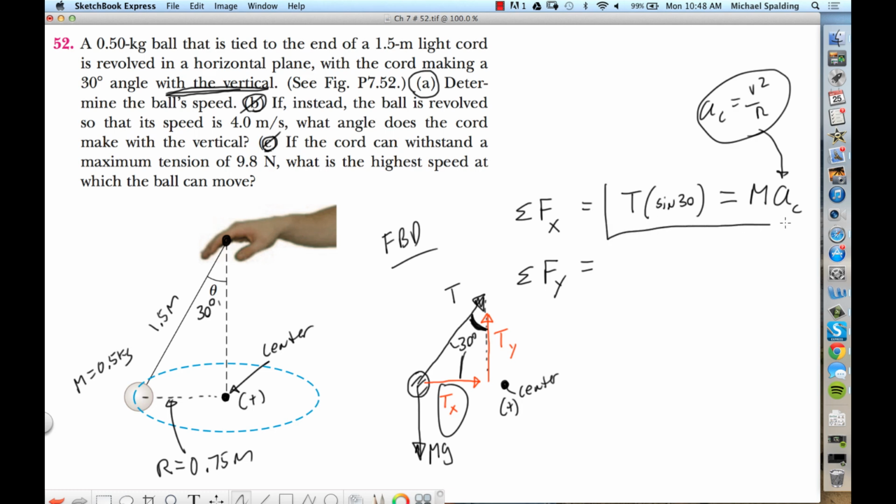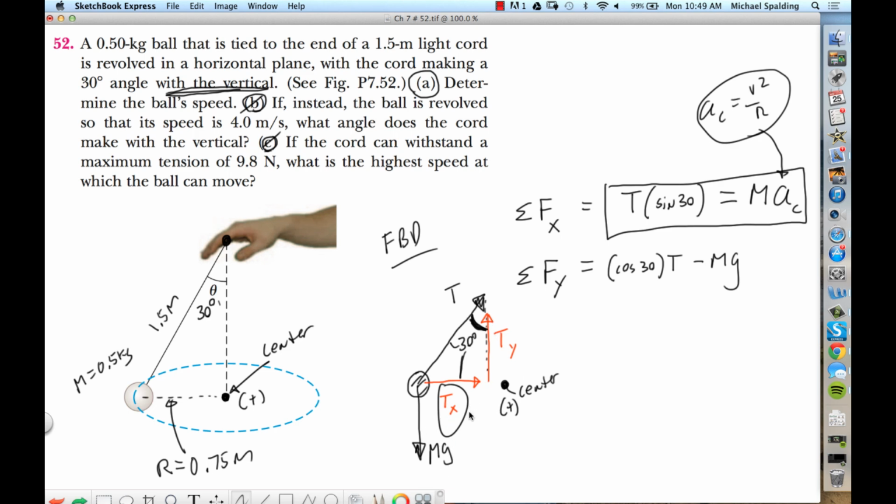Now go to the y direction. In the y direction, we have T sub y, which is going to be cosine 30 times T, then minus mg, right? So we have T sub y and mg. Those are the two y forces.